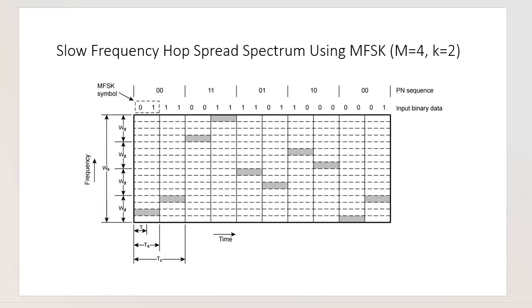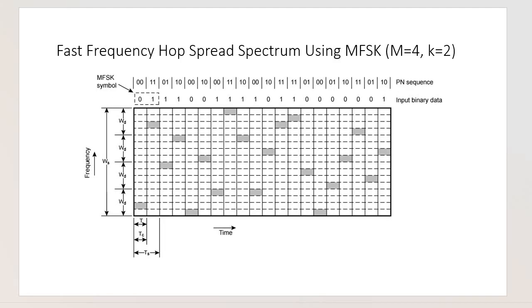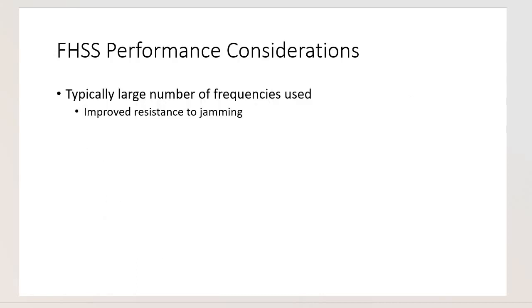This is the slow frequency hopping spread spectrum using MFSK, the M-ary frequency shift keying, where the carrier frequency remains constant for multiple symbols. And this is the fast one, where multiple frequency hops occur during a single symbol transmission, improving performance in interference prone environments. Based on performance considerations, using a large number of frequencies improves resistance to jamming and interference.